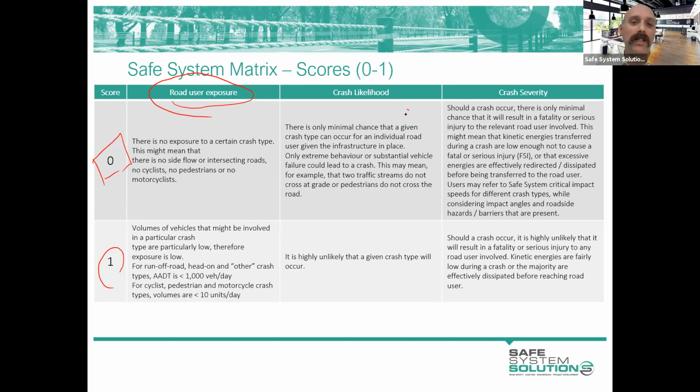So this is where I see that people really need to justify how they've arrived at this number. So in a safe system assessment matrix, you don't just plonk a number down. You have to dot point all the things that you thought about that made you want to make that a high number, and all the things you wanted to make it a lower number.